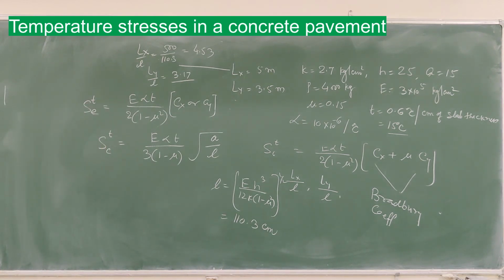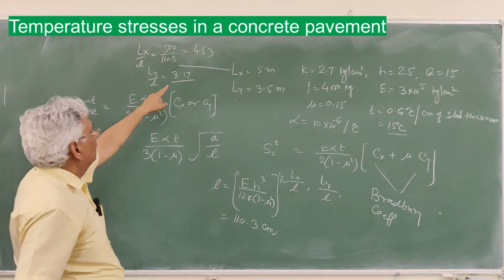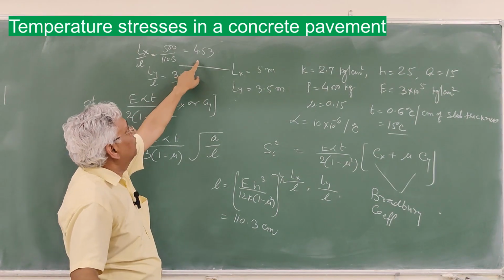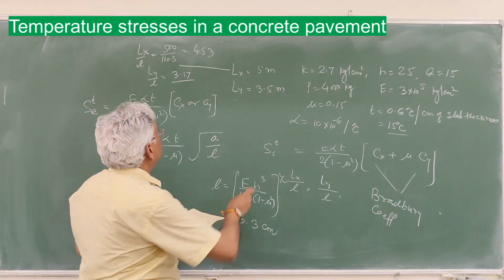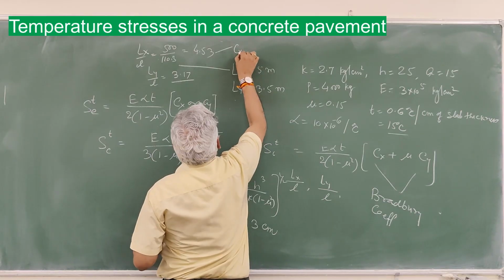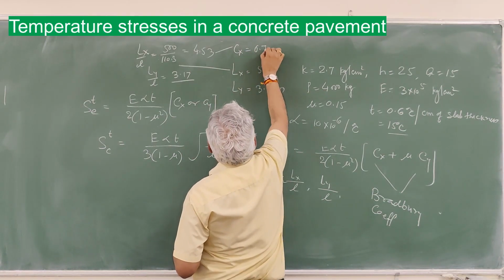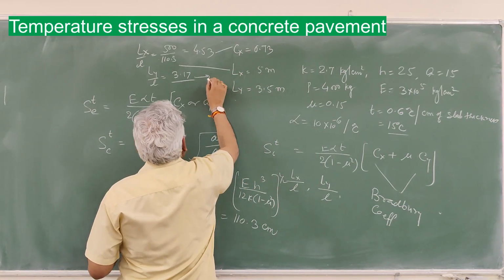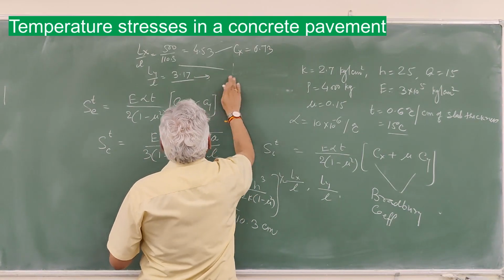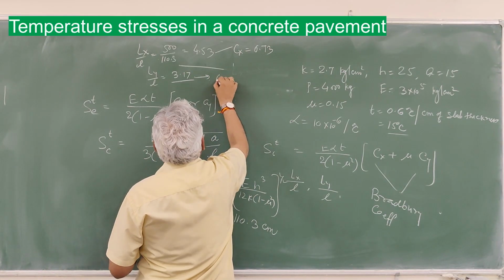Enter the Bradbury chart corresponding to 3.17 and 4.53. What is the coefficient Cx? Cx is 0.73, and this Cy is 0.16.